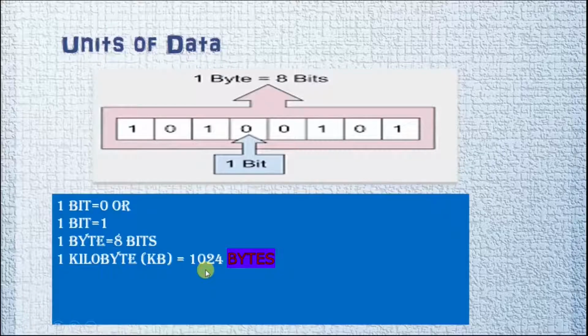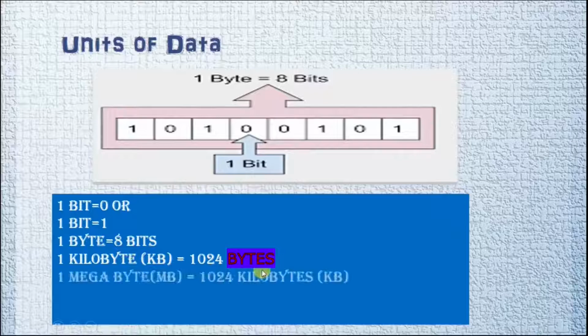That's because computer works only in numbers that are powers of 2. 2 raised to power 10 makes 1024, not 1000. So we will use 1024 rather than 1000 because it is a power of 2. So once again I repeat, 1024 bytes equal 1 kilobyte.